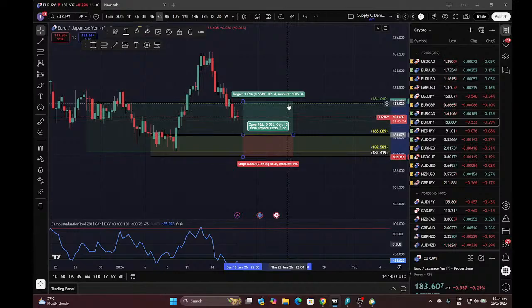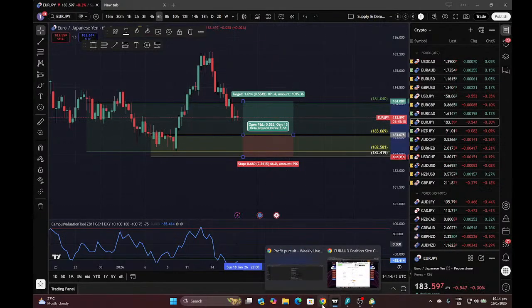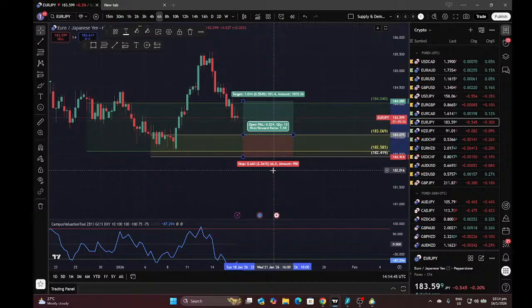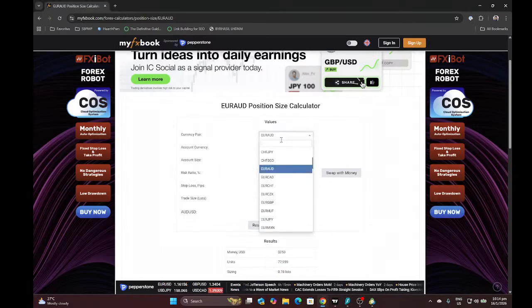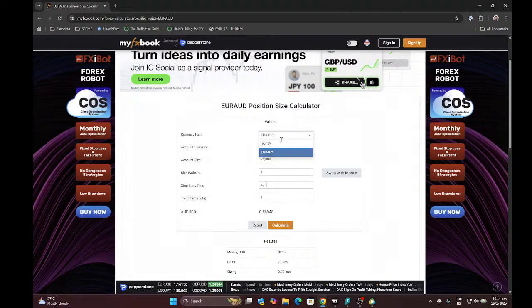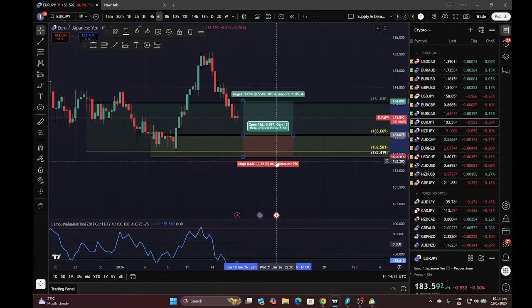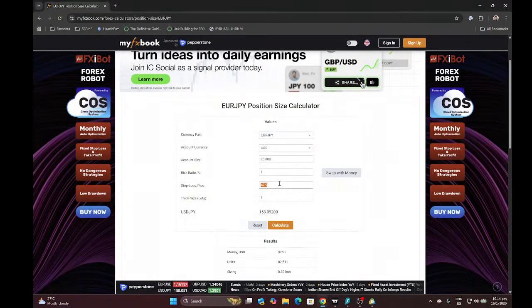This will be our last analysis before we close the stream. Okay, so this is Euro Yen. Position size is 0.6.